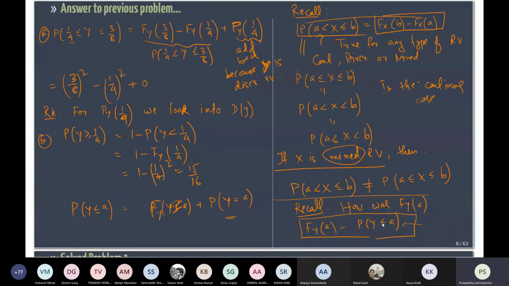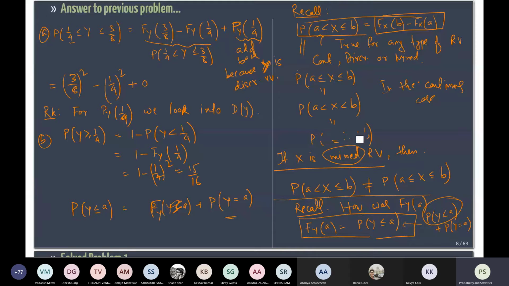Assuming that it's a mixed case, the probability that y is less than a, then plus I add back y equals a. So the probability that y is less than a will be Fy of a minus that.